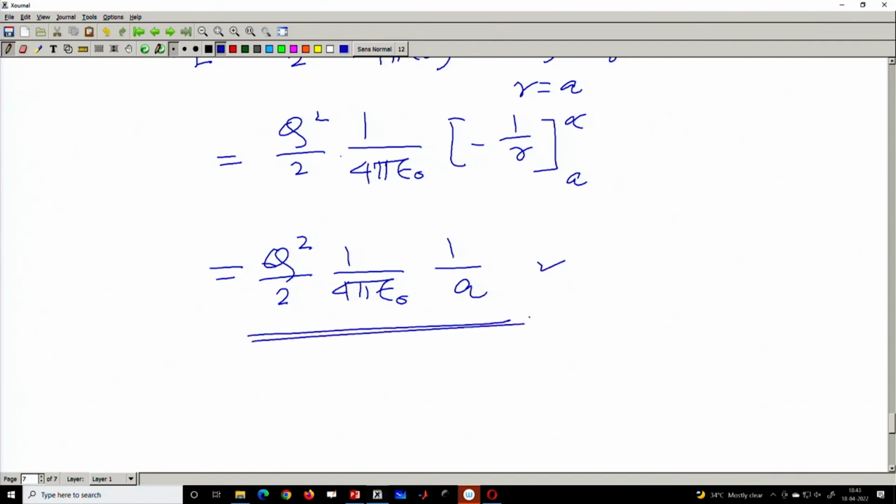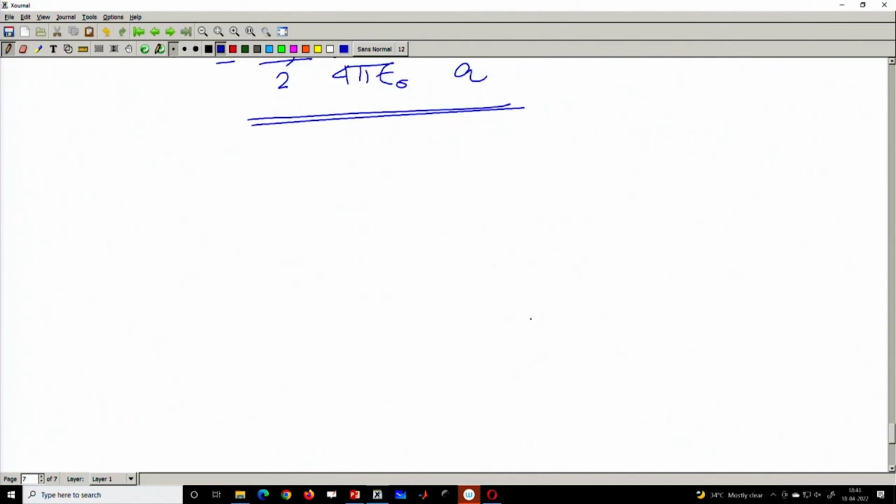This is another way you can also do it. This quantity, we know that for a surface charge distribution I can write it as sigma and dS.